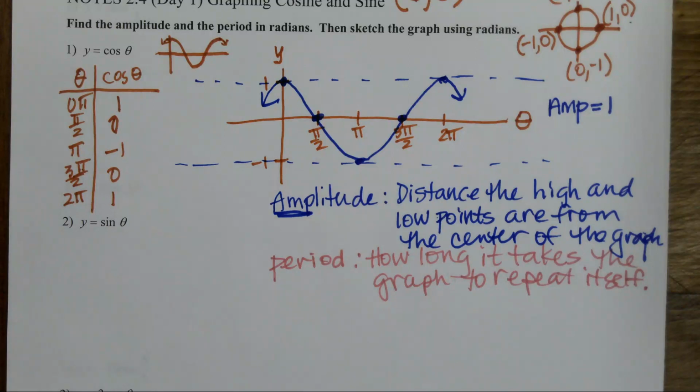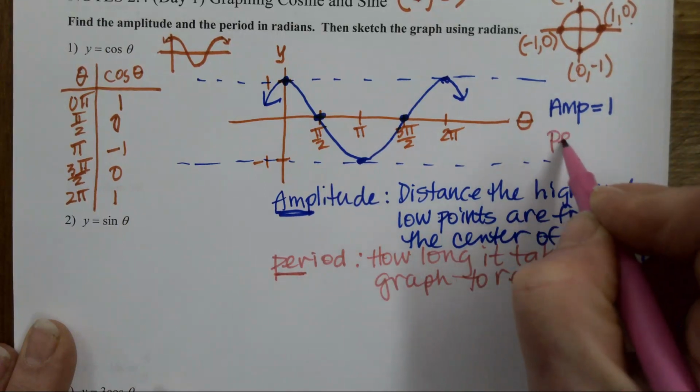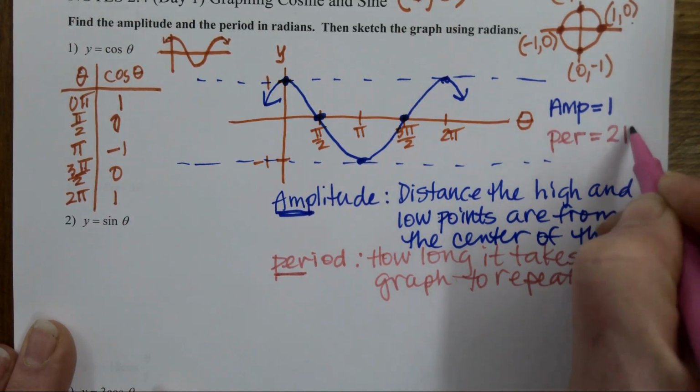If I do nothing to the angle, or do nothing else to the function, it is going to be where I put my last point for cosine and sine. That changes a little bit for some of the other trig functions. So I abbreviate period with PER, and my period is 2 pi.